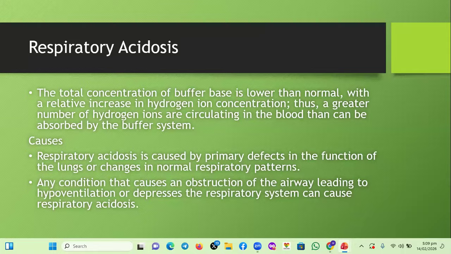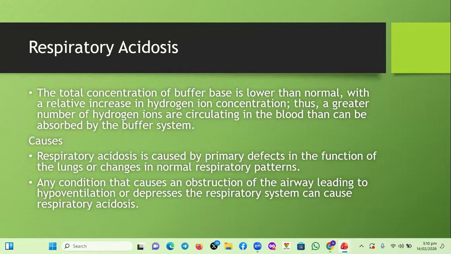When we say respiratory acidosis, it means that the body or the blood is more acidic, but the cause of the blood becoming more acidic is a respiratory problem.